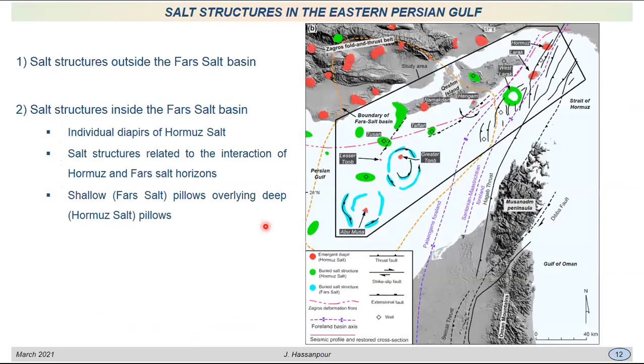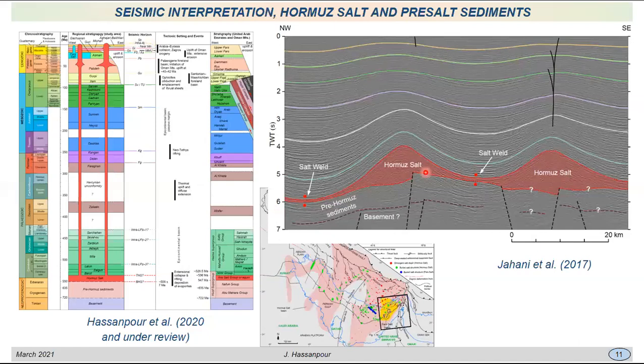So for the top and base reflectors of the Hormuz Salt, because it's quite deep and it's not penetrated by any of the wells, we have just a few locations in the central part of the Persian Gulf where we can see divergence of the reflectors at these depths, and we have interpreted this divergence as showing the top and base reflectors of the Hormuz Salt.